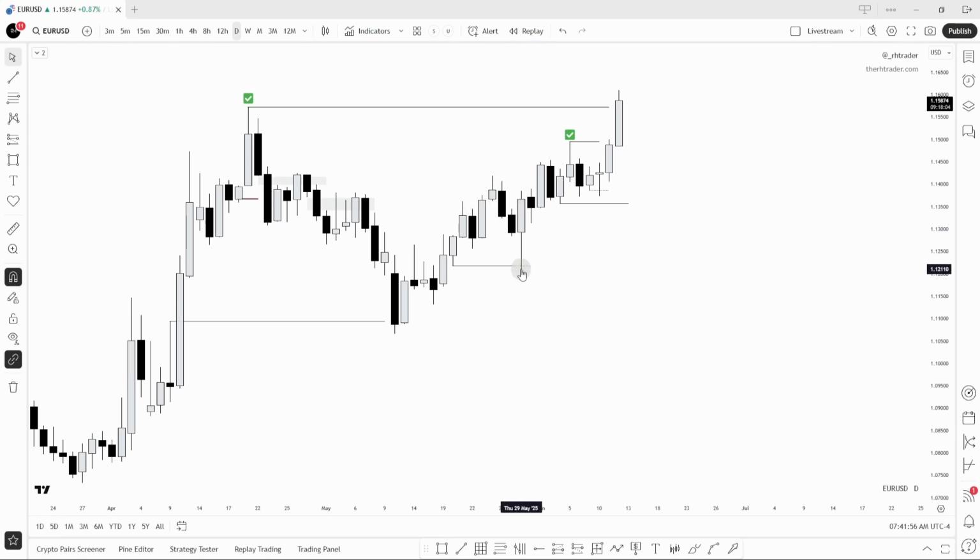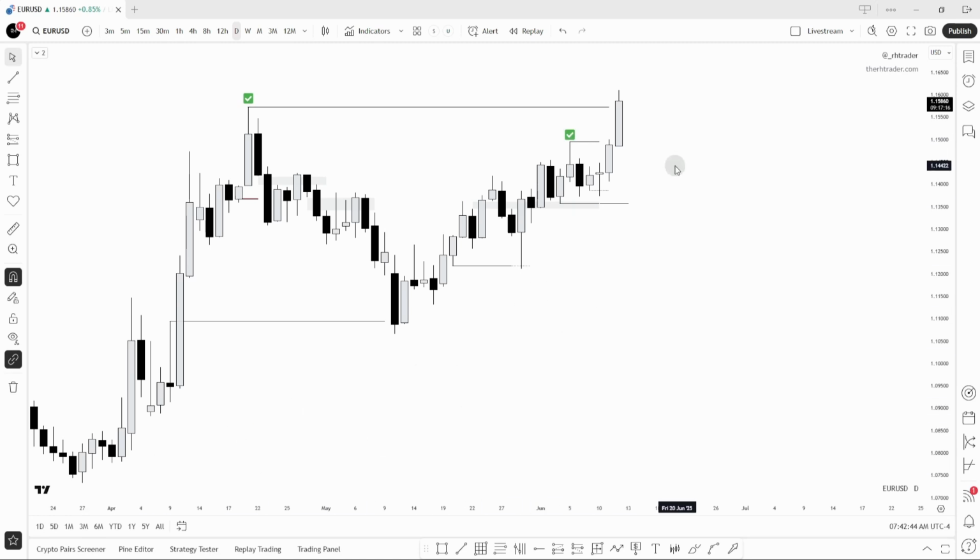Wait for price to take out a liquidity pool, which is here. Close bullish, and then you wait for a clear fair value gap. We can see here that we have a balanced price range. So once price closes above it and validates it here on this candle, a return into that is your chance to go long.